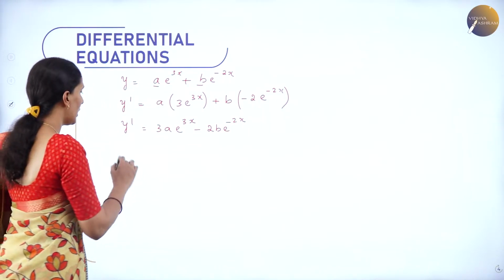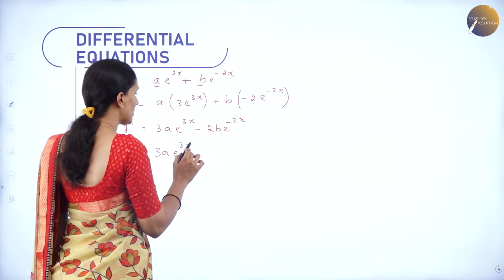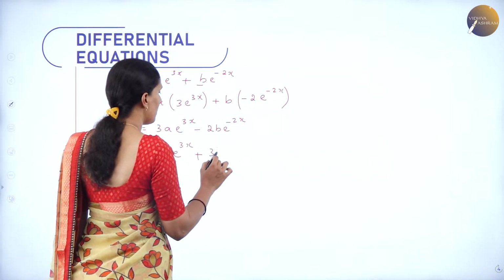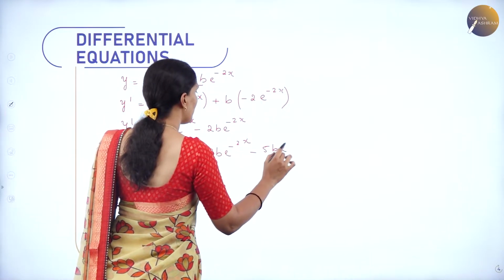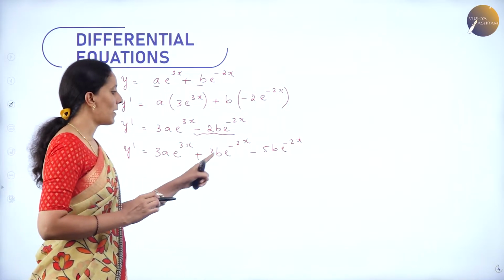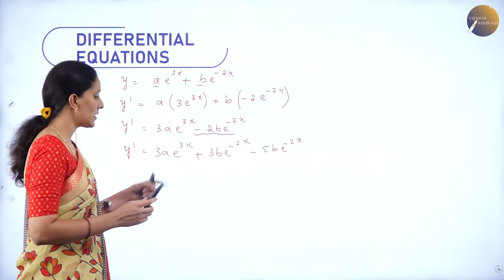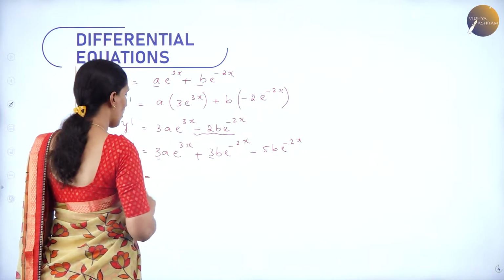So, what I will do here, I will write y dash as 3a e power 3x plus 3b e power minus 2x minus 5b e power minus 2x. For this, I write minus 2b as the sum of plus 3b and minus 5b, which is one and the same. Now, for the first two terms, I can take 3 as a common factor.